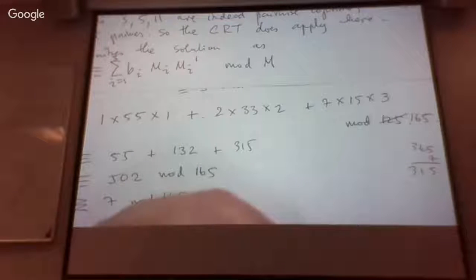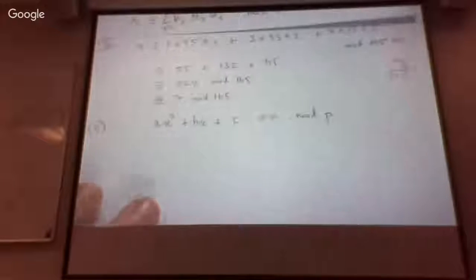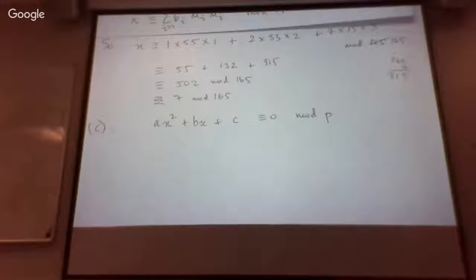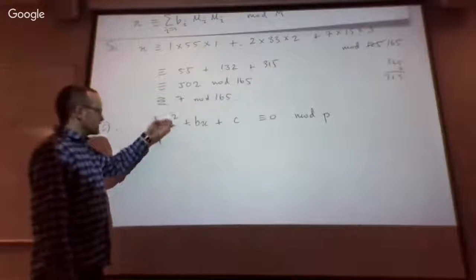So you begin with ax squared plus bx plus c, congruent to 0 modulo p. And the beginning step in this, in order to derive the solution for x, you want to stop there being both an x squared and an x there.